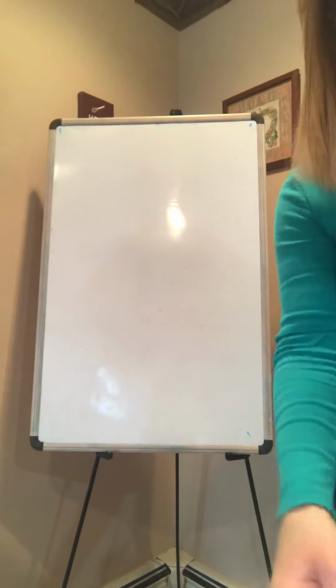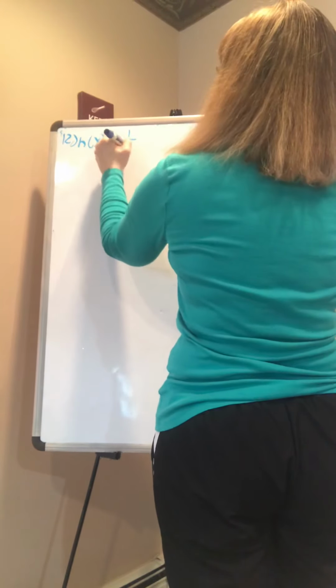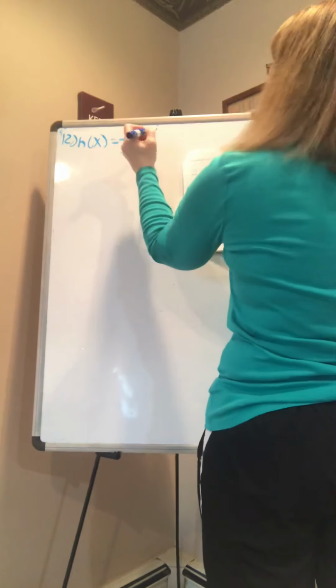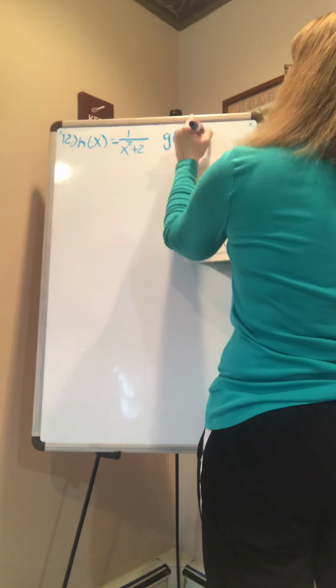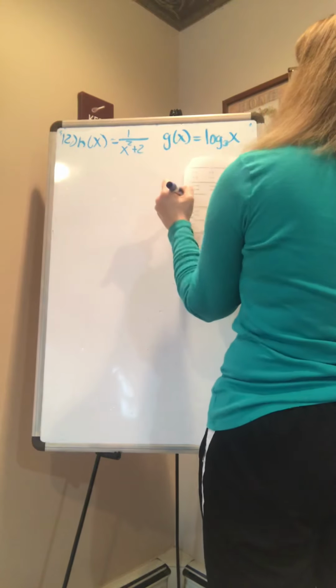So h of x on 12, h of x is equal to 1 over x squared plus 2. Make that fraction bigger. And g of x is log base 3 of x.